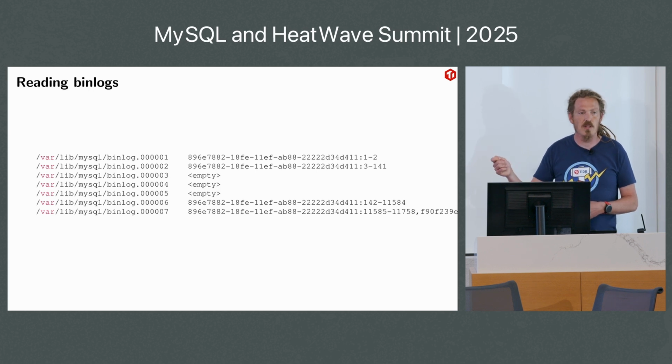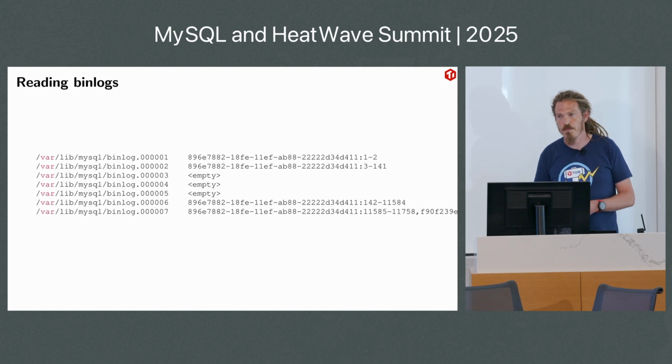It actually has 2 different UUIDs in there, because there might have been a switchover, for example. So this is just one of the examples of the things that you can do by reading the binary log stream or the binary log files from MySQL, using the library and doing whatever you need to do with it.